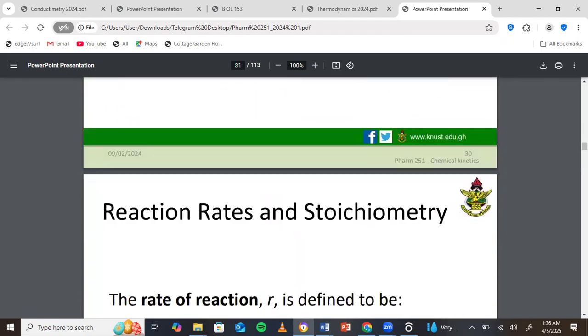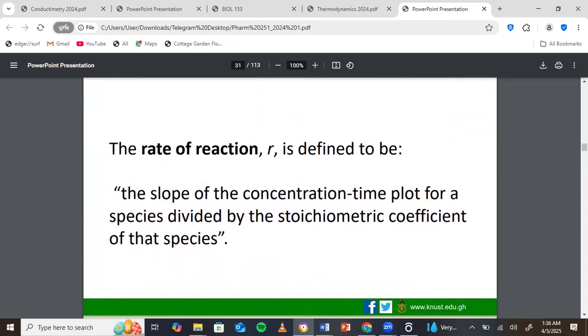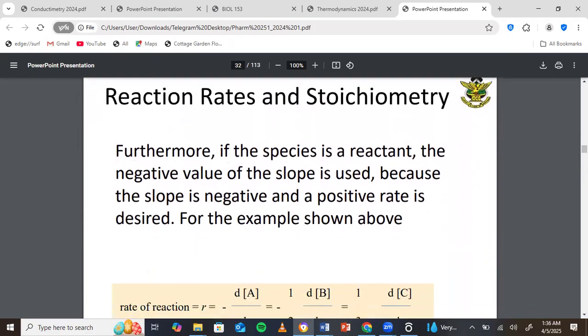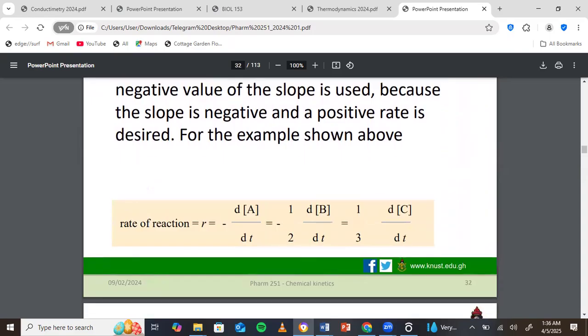Now, we have redefined the rate of reaction, the differential rate of reaction. It is the slope of the concentration-time plot for a species divided by its stoichiometric coefficient. So now this is a complete definition for rate of reaction, right? That is the slope of the concentration-time plot of a species divided by the stoichiometric coefficient of that species. And that is what has been demonstrated here.